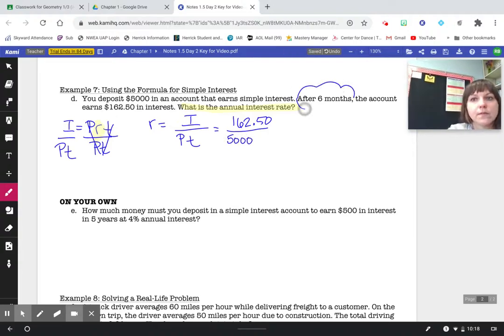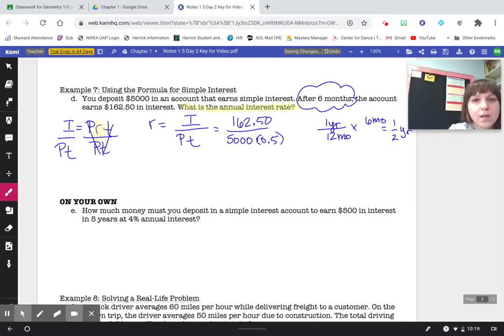So time is given in years, but in this problem we have it in months. So we know that 1 year is equal to 12 months. Well, if I have 6 months, when you multiply, you end up getting a half of a year. So 1/2 of a year. And I'm going to write that as a decimal, 0.5.